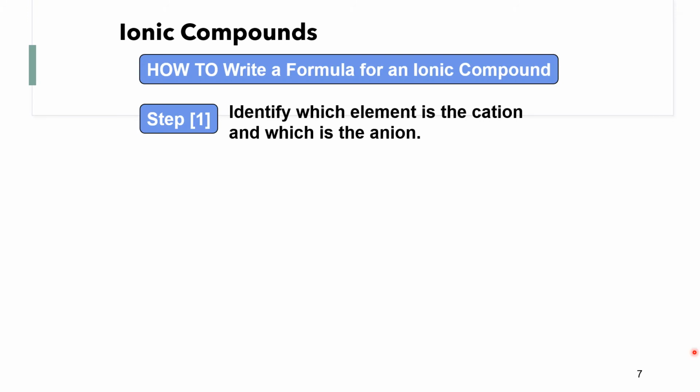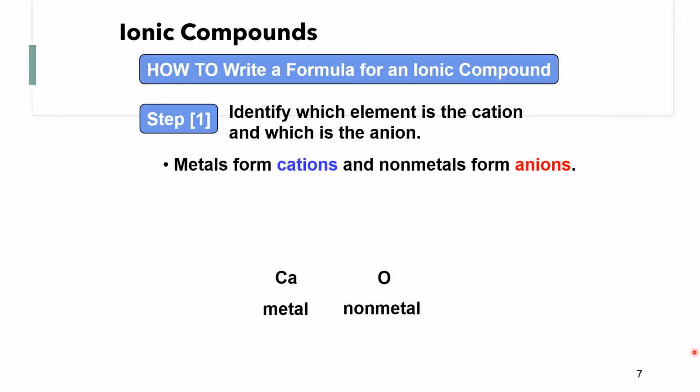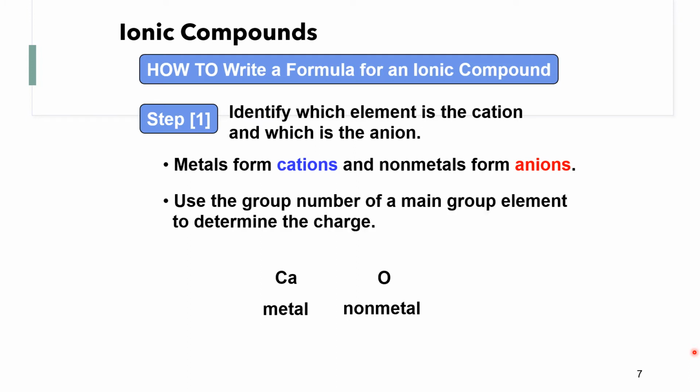So how do we write a formula for an ionic compound? First, you have to identify which element is the cation and which one is the anion. Which one becomes positive, which one becomes negative. So we're going to start with this example with calcium and oxygen. Calcium is a metal, oxygen is a nonmetal.